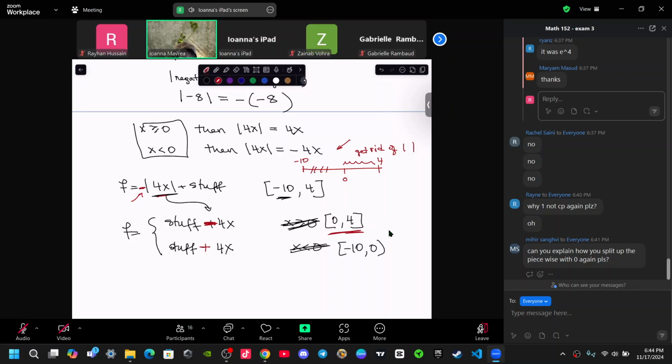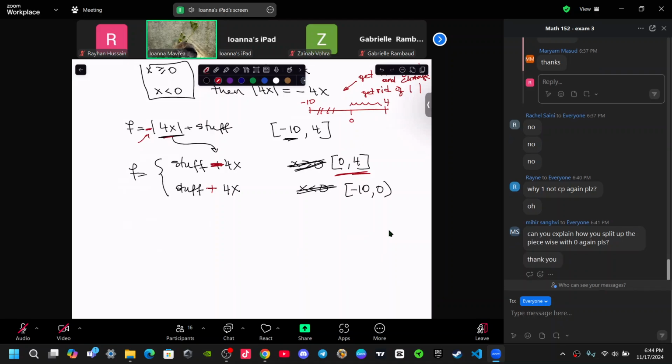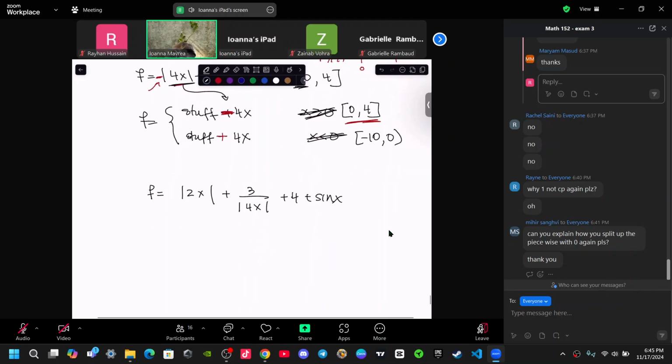Here, get rid of the absolute values and change the sign in front of the absolute value, right? So if your function was 2x plus 3 over 4x plus 4 plus sine x or whatever, right? So I would say get rid of the absolute values.